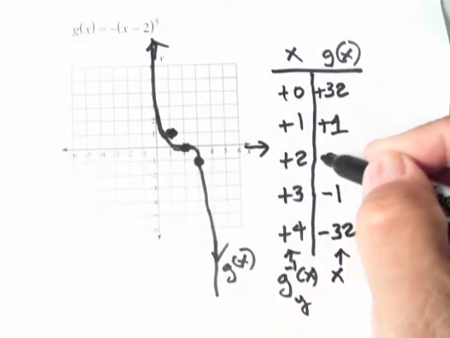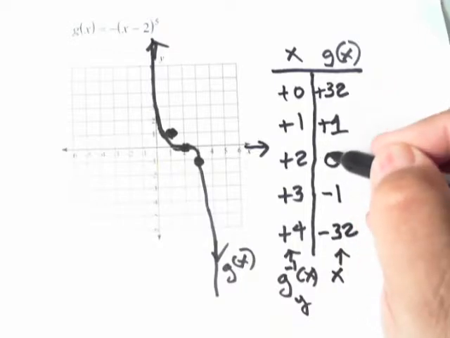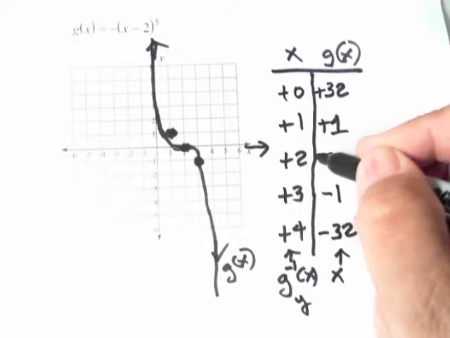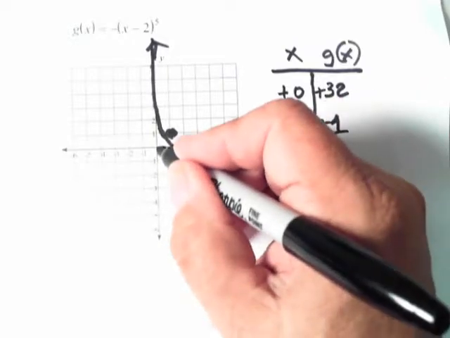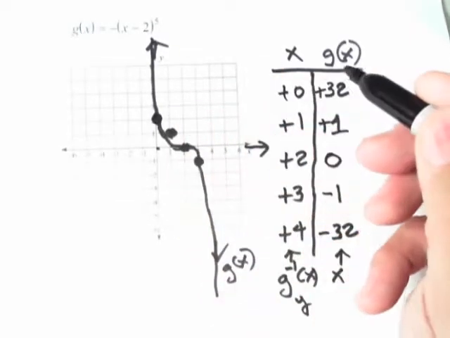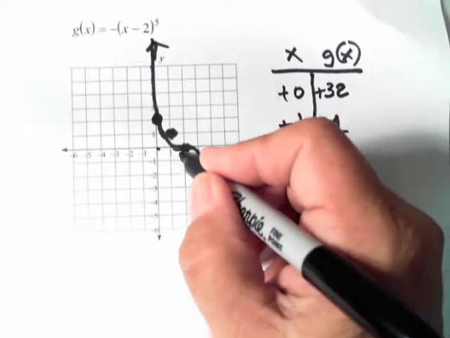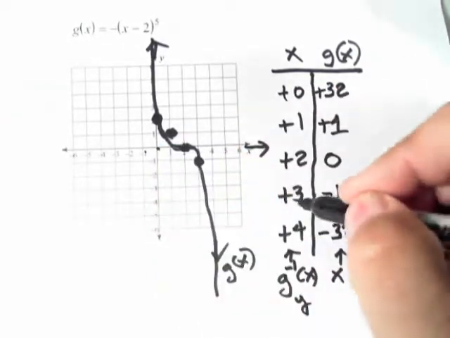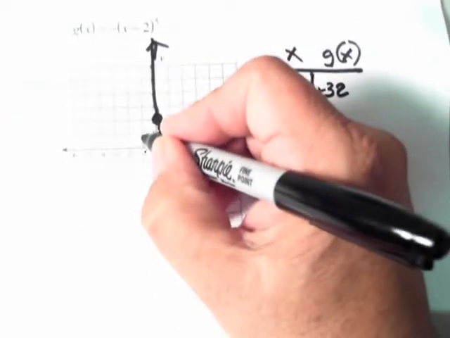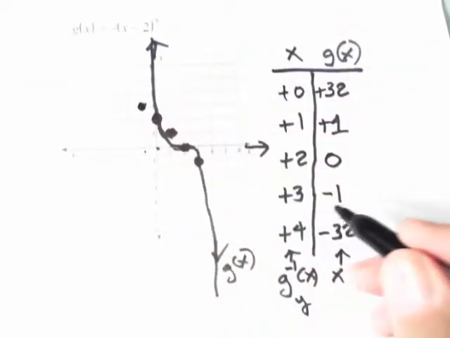Okay. At x equals 0, we've got y equal plus 2. So x equals 0, y equals plus 2 is right there. And then at x equals negative 1, we got y at positive 3. 1, 2, 3. There it is.